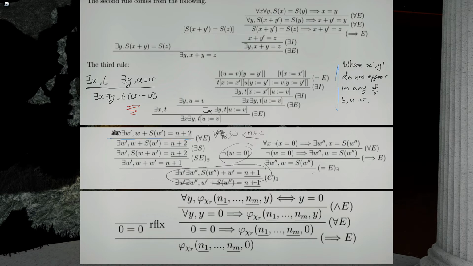And then from there, I can appeal to my inductive hypothesis, and the inductive hypothesis tells me that in this circumstance, W prime is equal to 0, or it's equal to 1, or it's equal to ... or it's equal to N. And then what was W prime? Well, the successor of it is equal to W, right? So that means that W is equal to 1, or W is equal to 2, or ... or W is equal to N plus 1 underline.